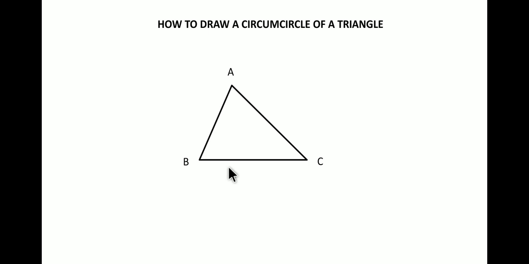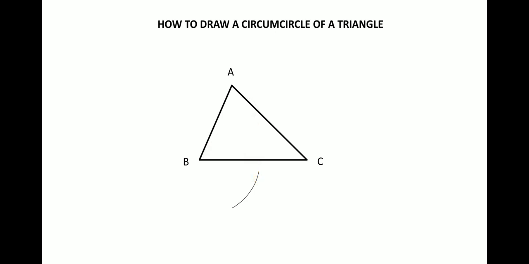So we'll take the compass and keeping it at this point B, the length of the radius of the compass should be greater than half of this length. Take approximately a radius longer than half of this side BC, and draw a small arc this way.